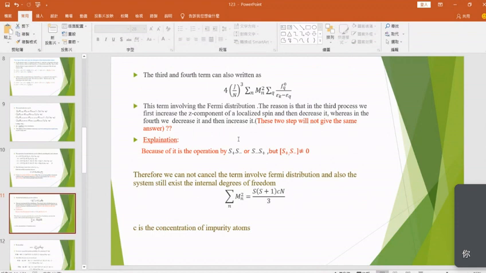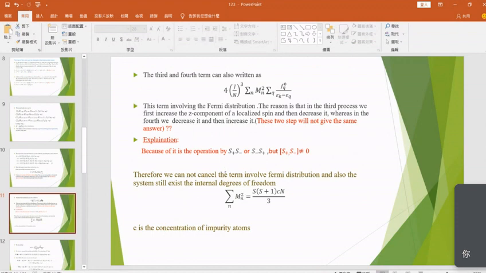And these two steps will not give the same answer. It seems that the operation of S plus and then S minus, or S minus and then S plus, does not commute. It's not the same because it doesn't commute.